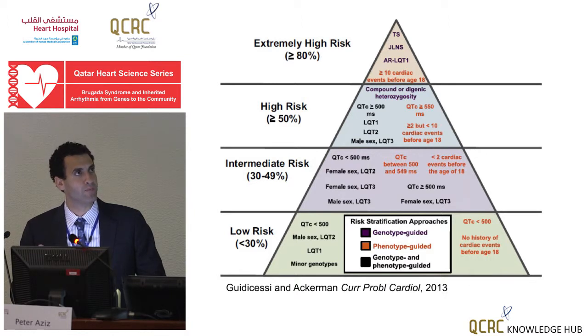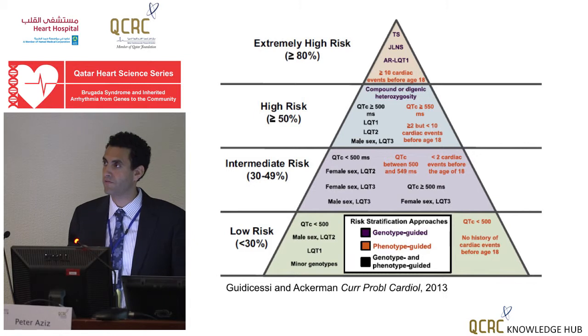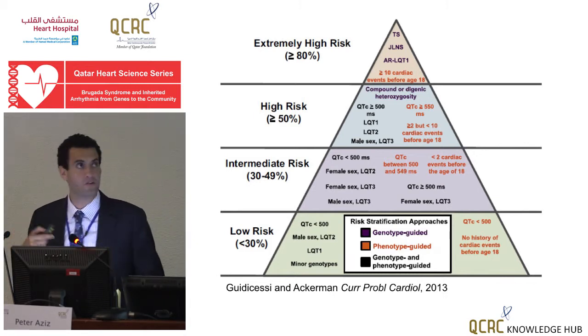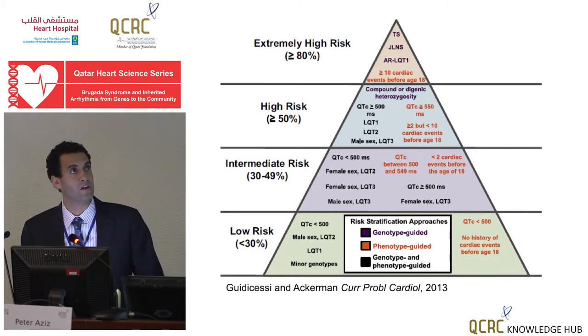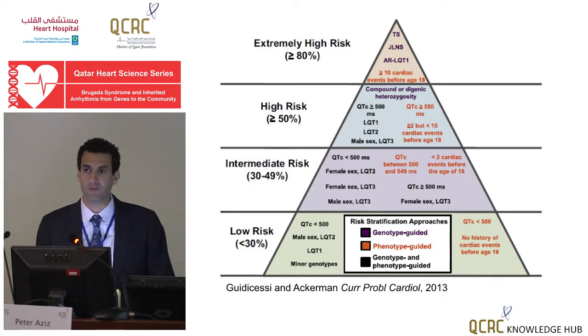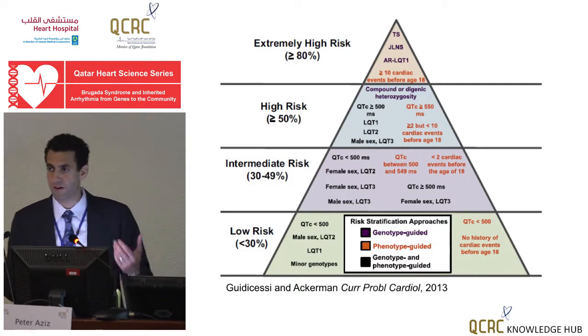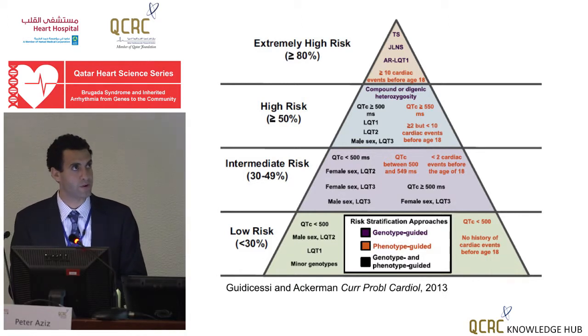And if you look at the purple, you see that very, very high risk patients are the Timothy syndrome, the Jervell-Lang-Nielsen syndrome patients, which have long QT syndrome and congenital deafness, the autosomal recessive long QT, which there is some overlap with Jervell-Lang-Nielsen syndrome, and then obviously anybody that has had several events before the age of 10 years old. So if you've had multiple syncopal events, cardiac arrest, what have you.